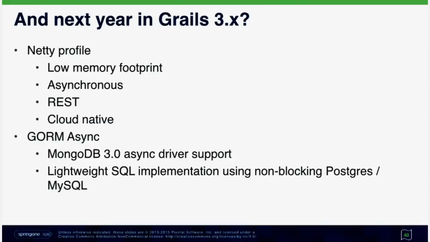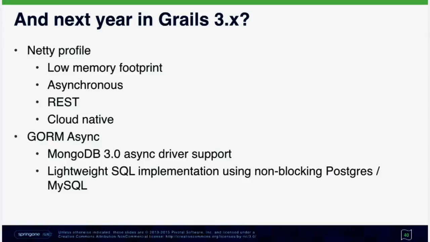And then GORM async. As I said, in Grails 3.1, we're introducing MongoDB 3 driver support, but the MongoDB 3 driver, as well as the codec support that I was discussing earlier, also supports asynchronous and non-blocking persistence.